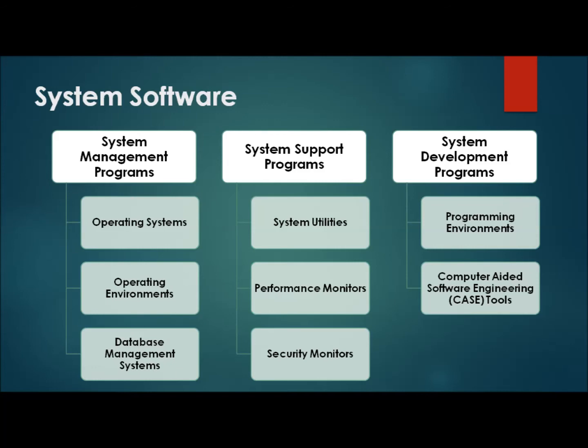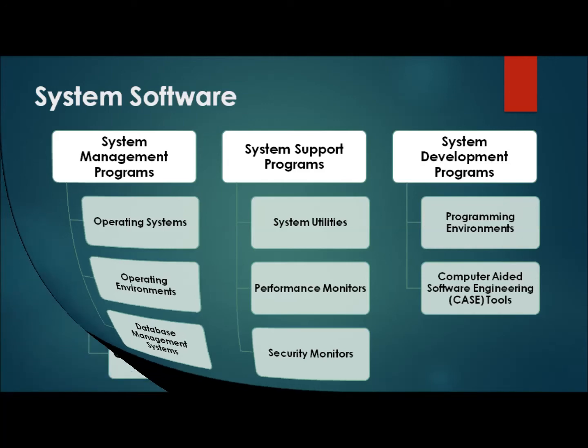And then the CASE tools. They are the software applications used to build another software application. Typical examples are integrated development environments, IDEs, debugging tools, configuration management tools etc. So likewise, system software can span three main areas.